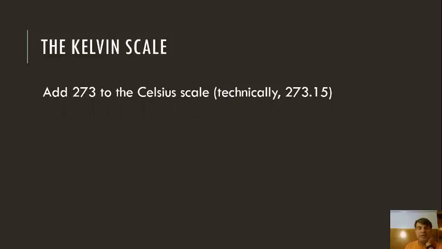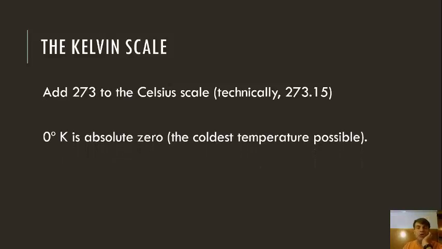Okay, the Kelvin scale. You need to know the Kelvin scale in chemistry. This is what I was mentioning a second ago. Basically, if you add 273, well, technically 273.15, to the Celsius scale, you get the Kelvin scale. Why would I want another scale? Because the Kelvin scale takes us to absolute 0. Absolute 0 is the coldest temperature possible, negative 273.15 degrees.